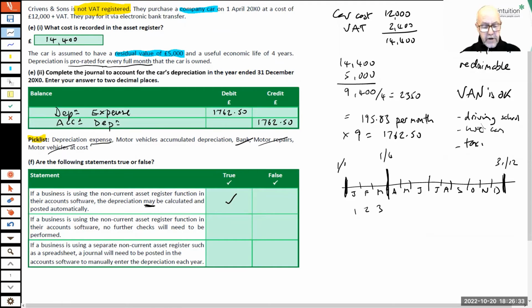So what do we mean by no further checks? Well, when the auditors come, they quite probably will want to wander around the car park and physically check that the cars that we've got listed are actually there.